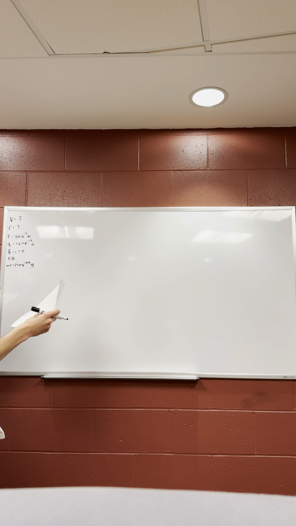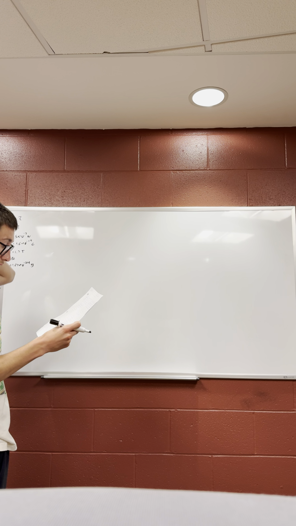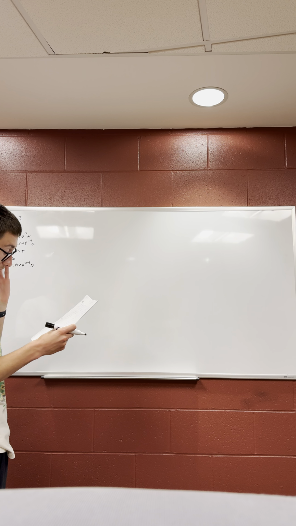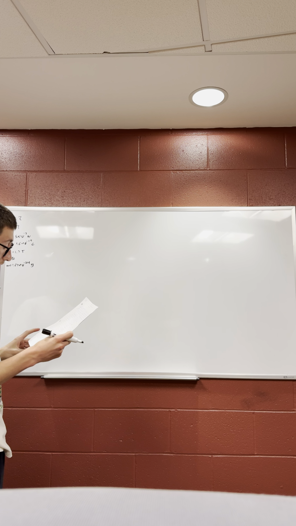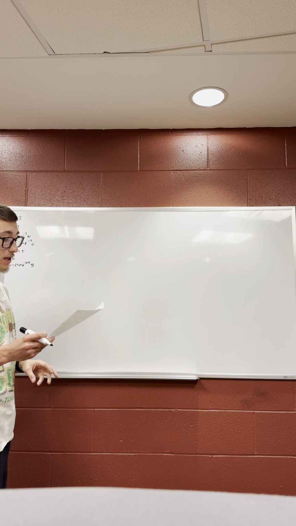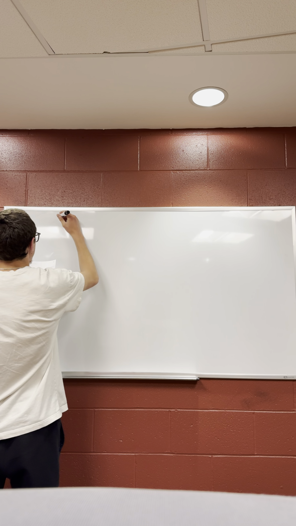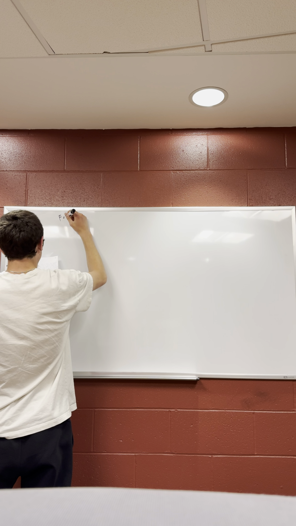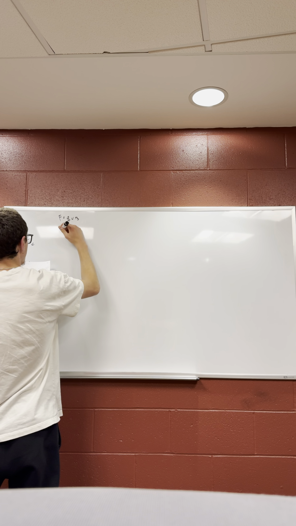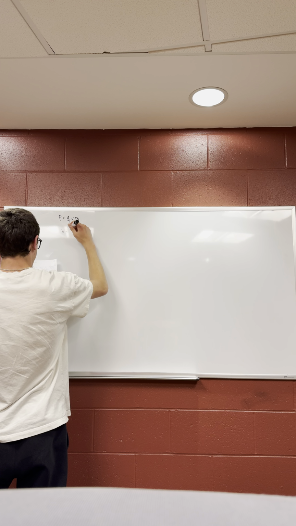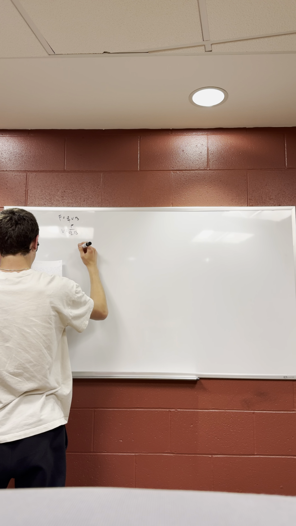Okay, so the first one we are going to use is the force formula, using the magnetic field, the velocity, and the charge, except we are going to change it to V equals F over QB.